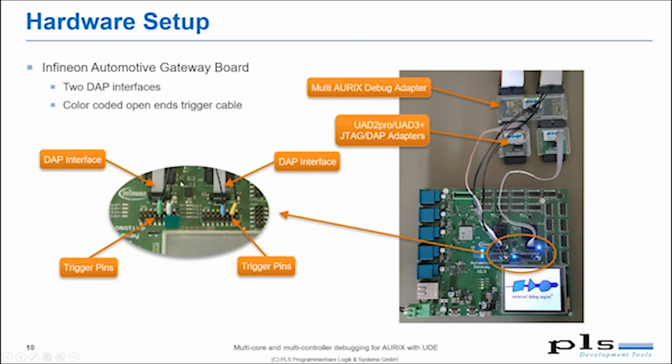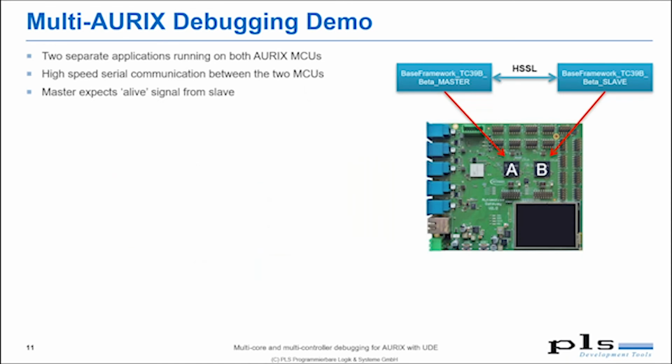Here it's a bit closer, and you can also see the trigger lines, which are connected to an additional debug header for each of the 2 AURIX MCUs. The application actually consists of 2 separate applications running on both of the AURIX MCUs.